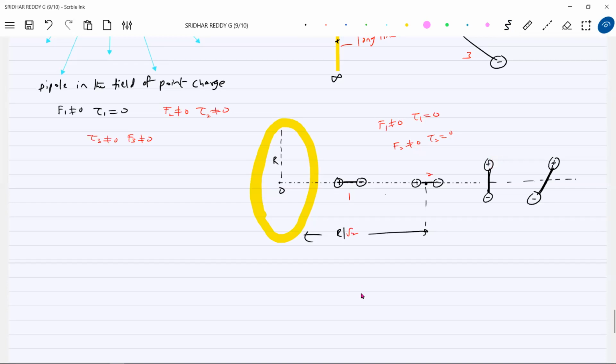It's a simple idea that the force will be somewhere like this. The force will be somewhere here. The net force will be non-zero and net torque will be 0 in these cases also. Of course, we can't exactly tell the magnitude of the field, but roughly we can estimate the field here will be in this direction and the field here will be in this direction.